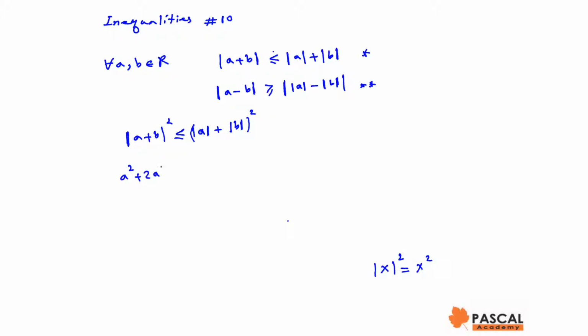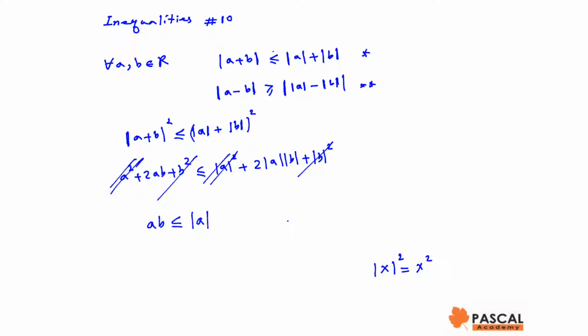Therefore, a^2 plus 2ab plus b^2 is smaller or equal than absolute value of a to the power of 2 plus 2 absolute value of a absolute value of b plus absolute value of b^2. Knowing absolute value of x^2 and x^2 are the same, we can reduce this to ab is smaller or equal than absolute value of a times absolute value of b.